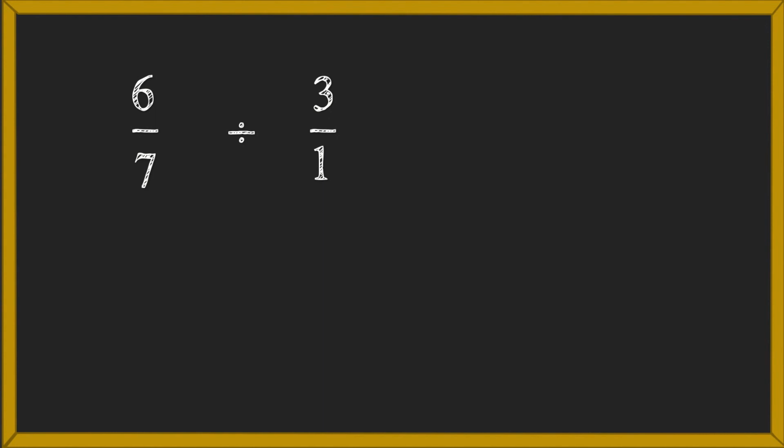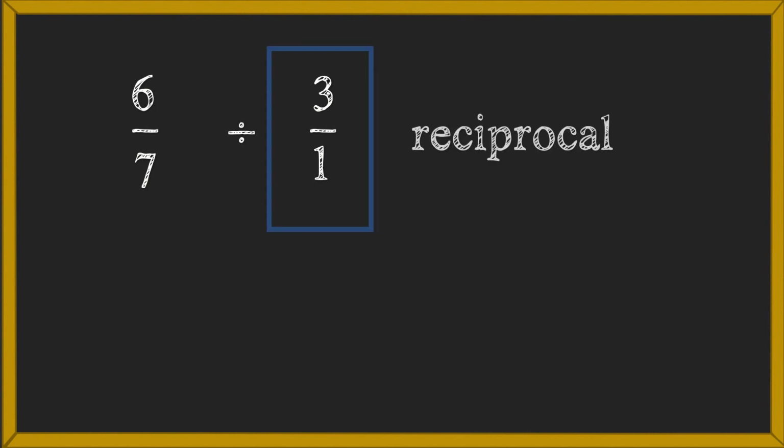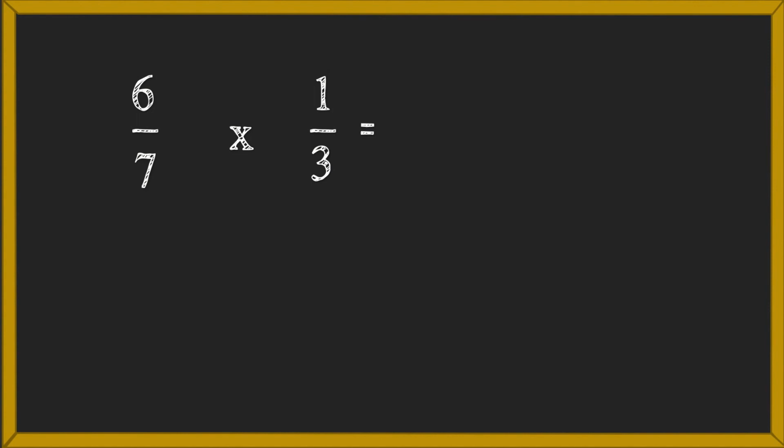You're going to do this every time you encounter dividing a fraction by a whole number. And then proceed to step 1. Get the reciprocal. Drop the division and change it to multiplication.